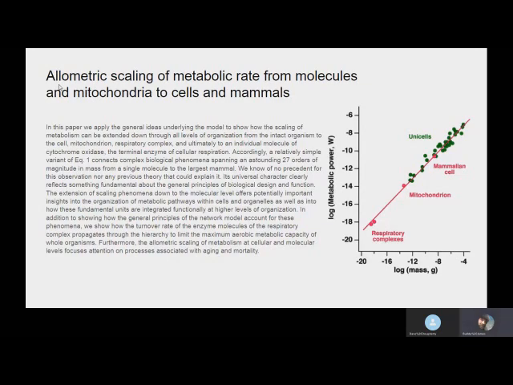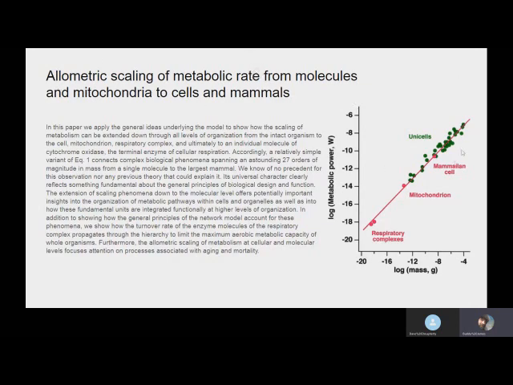In addition to showing how the general principles of the network model account for these phenomena, we show how the turnover rate of the enzyme molecules of the respiratory complex propagates through the hierarchy to limit the maximum aerobic metabolic capacities of whole organisms. Furthermore, the allometric scaling of metabolism at cellular and molecular level focuses attention on processes associated with aging and mortality.